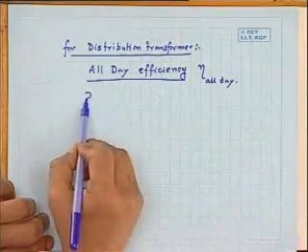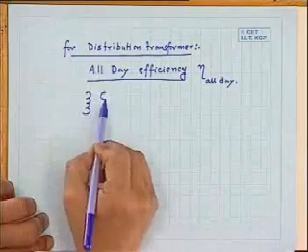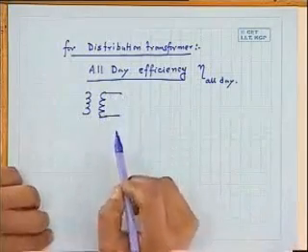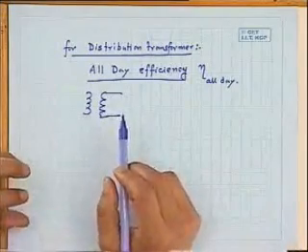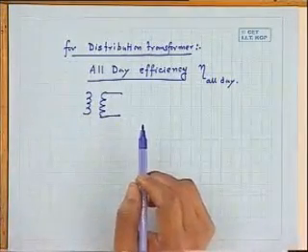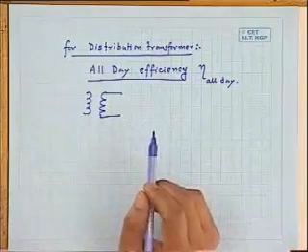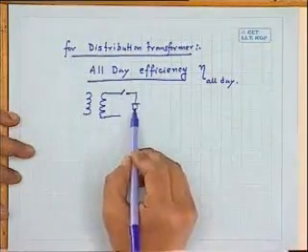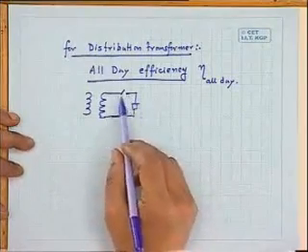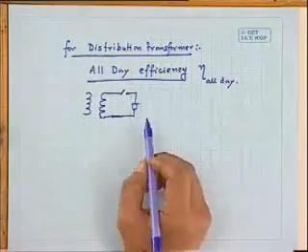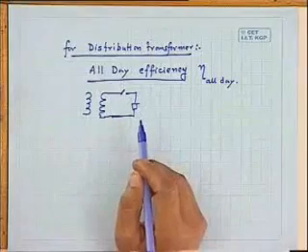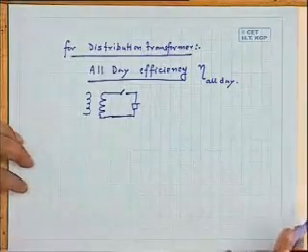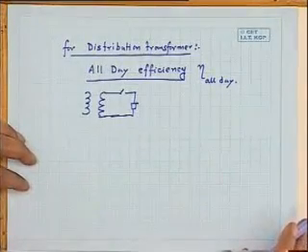The most important thing in this case is that, suppose it is a distribution transformer, the loading on its secondary will go on changing round the clock. Sometimes it will be under no load condition totally, as if somebody is closing this switch for some hours and making it off, and the value of X is changing round the clock.